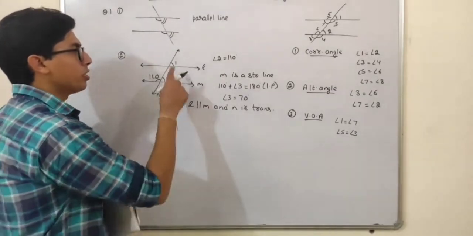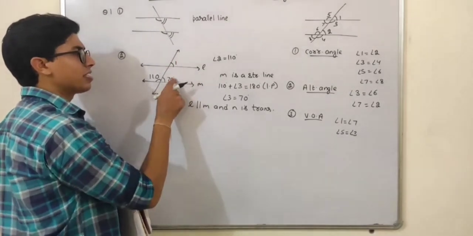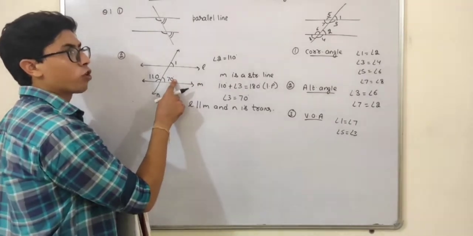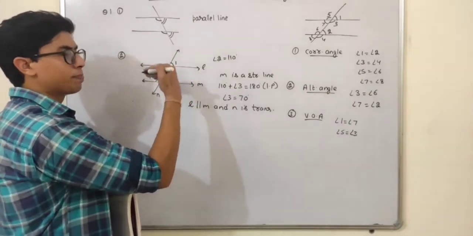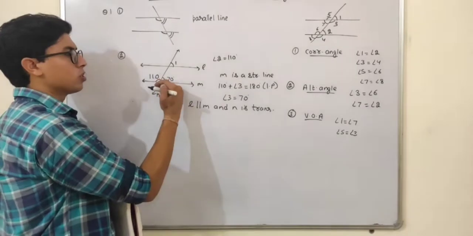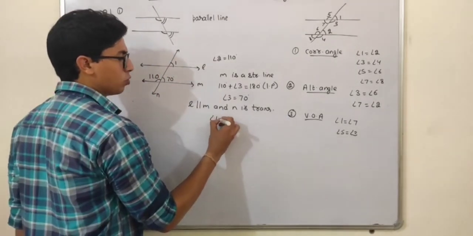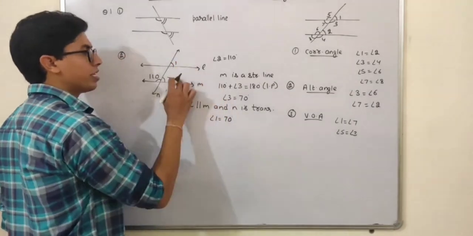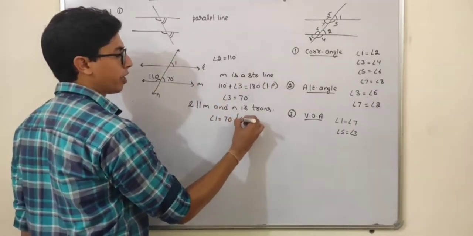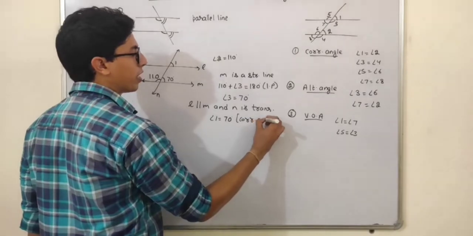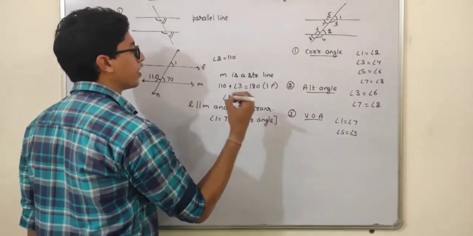Now, angle 1 and this 70 degree angle, angle 3, make a pair of corresponding angles. This angle is upside the parallel line, and this angle is also upside. So angle 1 is equal to 70 degrees, because these two are equal because of corresponding angles. So our answer is 70 degrees.